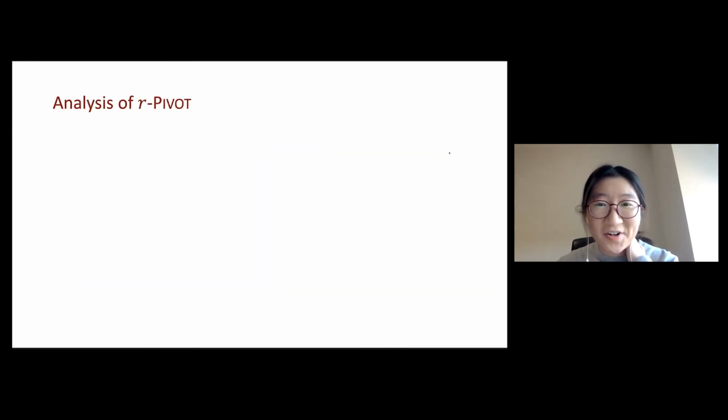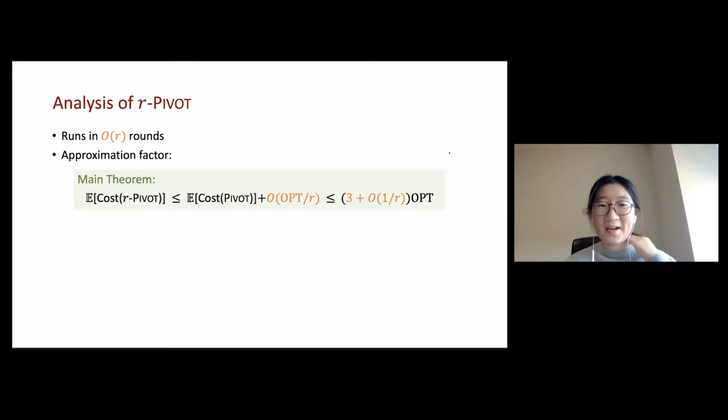So let's turn to the analysis of the R-pivot algorithm. It's not hard to see that by design, the R-pivot algorithm runs in O(R) rounds. But what about the approximation factor?